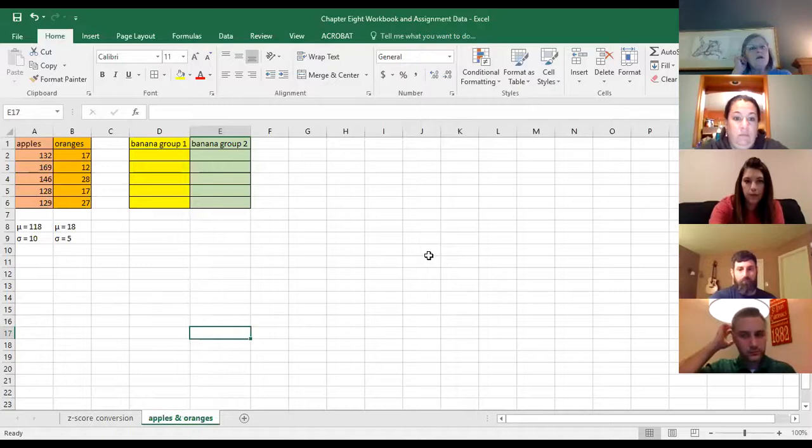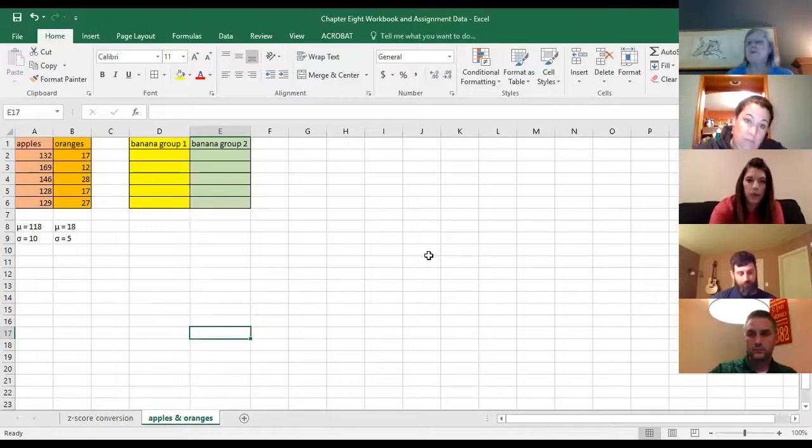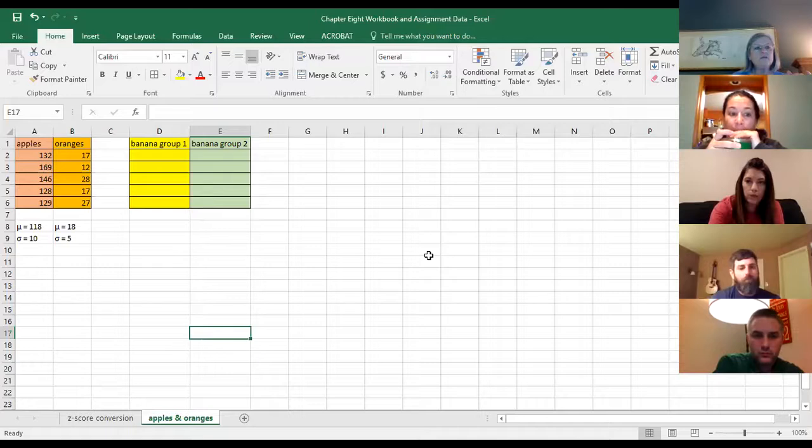This is truly a contrived situation, but because we talk about comparing apples and oranges, we're going to change our apples and oranges into two groups of bananas, and we're going to be able to compare them on equal footing. So in the apples category, as you can see here, we have some values, and the values in the, what do I have there, five data points.